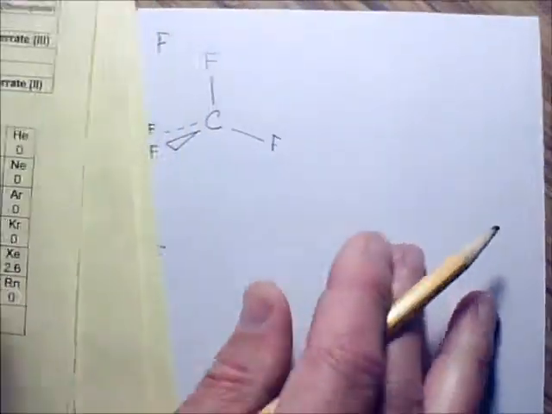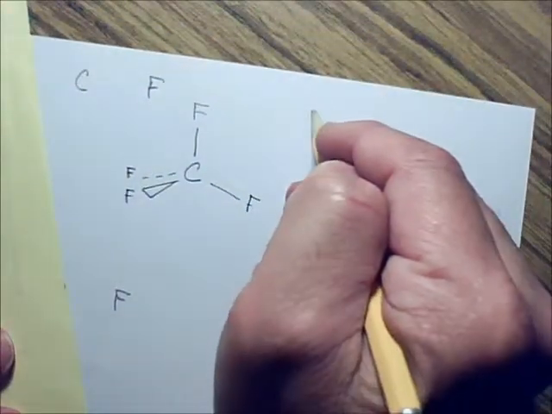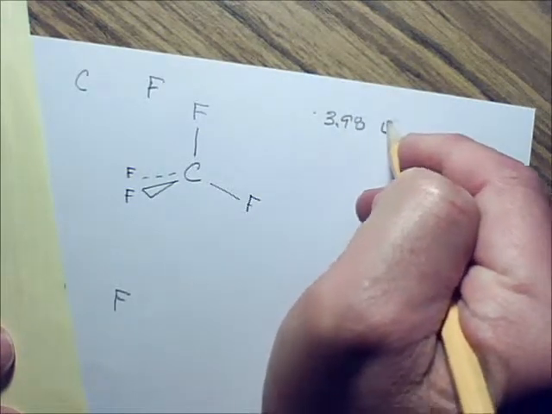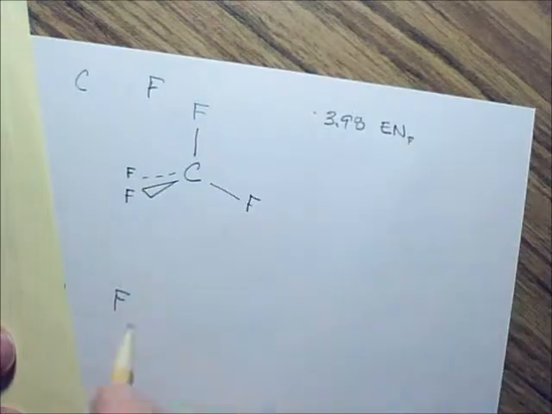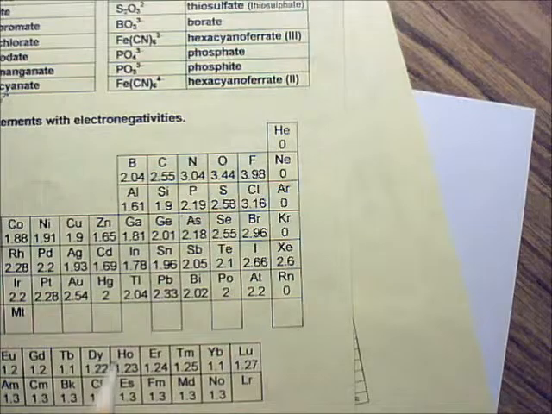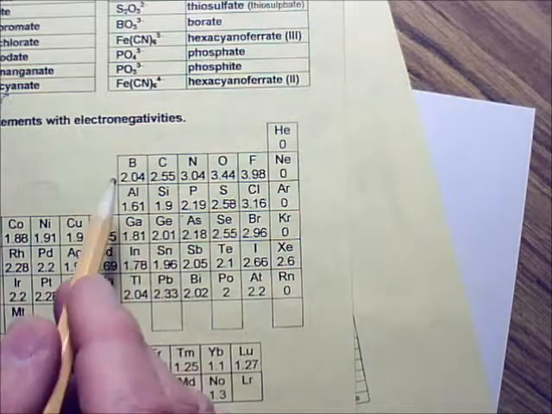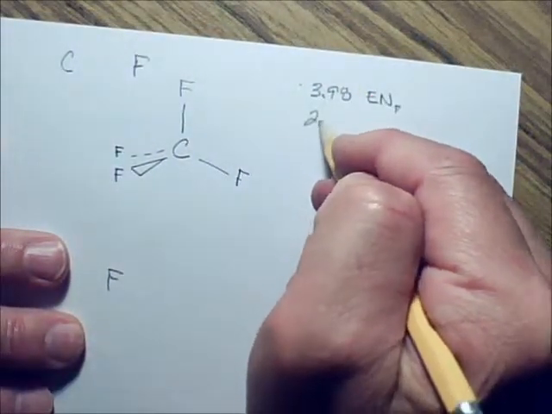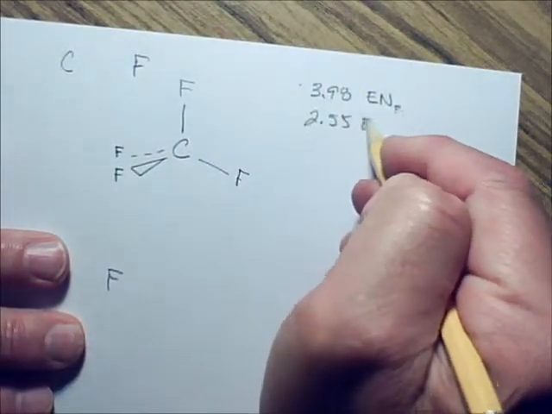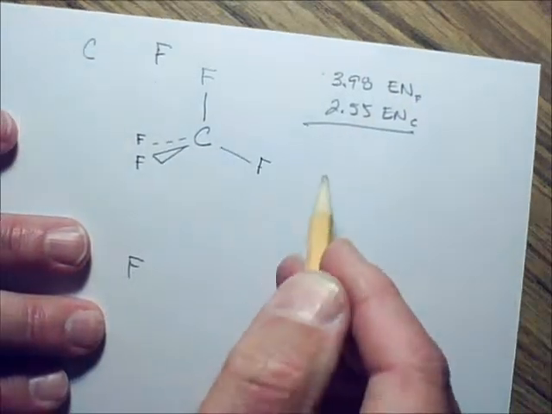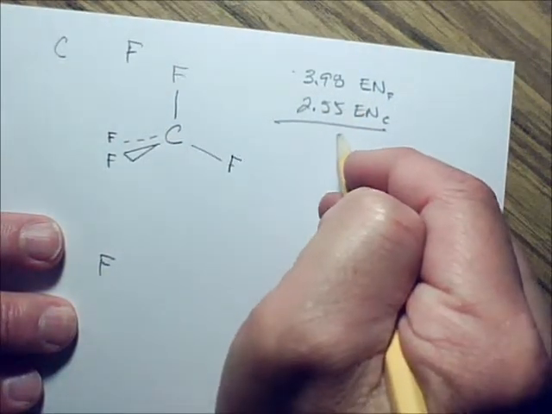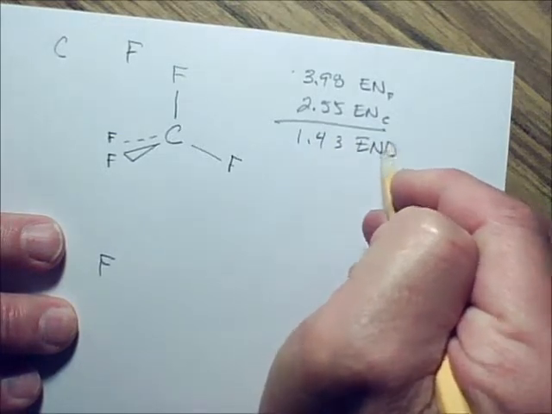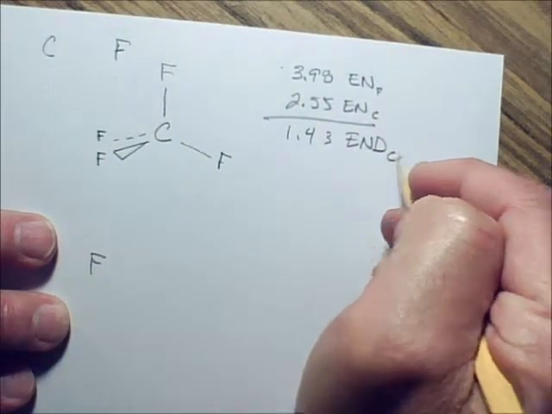The electronegativity of fluorine is 3.98. The electronegativity of carbon is 2.55. And so the difference is 1.43. That's the electronegativity difference for a bond between carbon and fluorine.